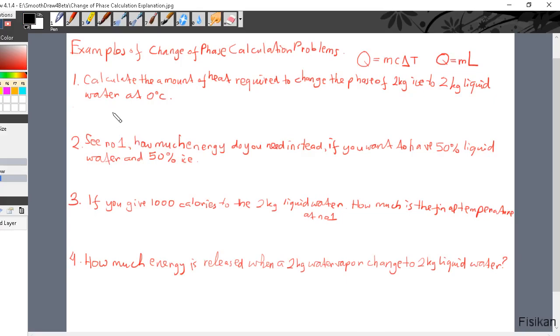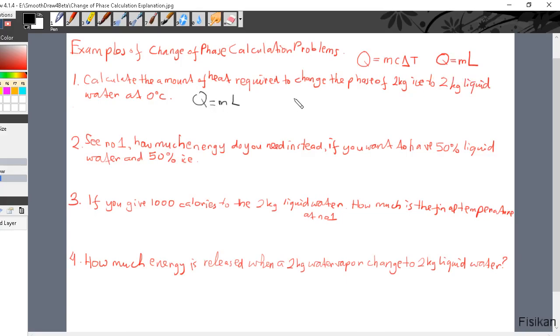The first problem is: calculate the amount of heat required to change the phase of 2 kilogram ice to 2 kilogram liquid water at 0 Celsius degree. So basically this is just a change of phase from ice to liquid without changing its temperature. So you only need this formula, Q equals ml.